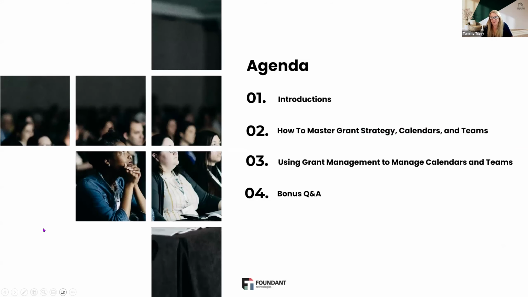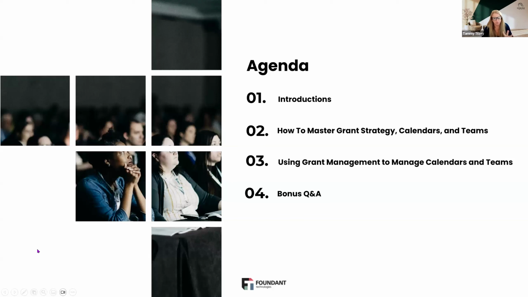So on to our agenda. We'll do some quick introductions, and then we'll turn the time over to our guest speaker, Diane, and let her dive into this topic of managing your master grant strategy, calendar, and teams.